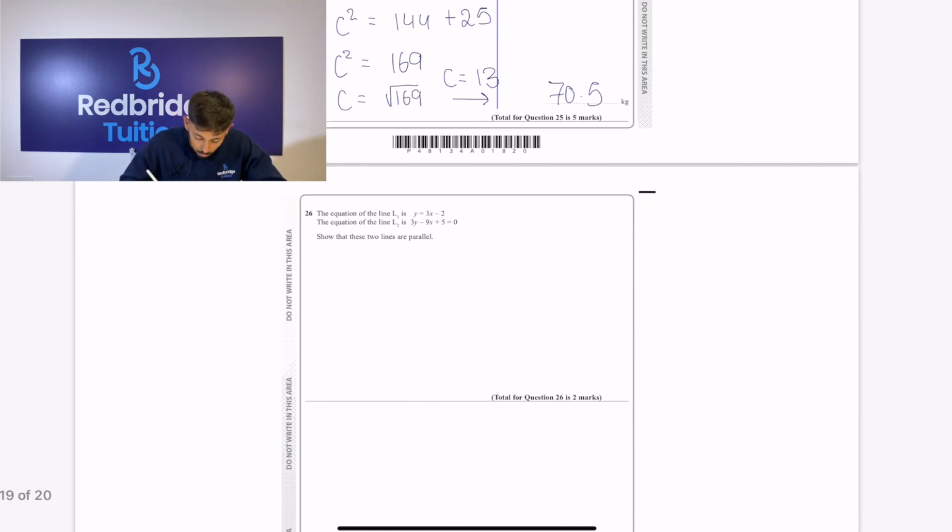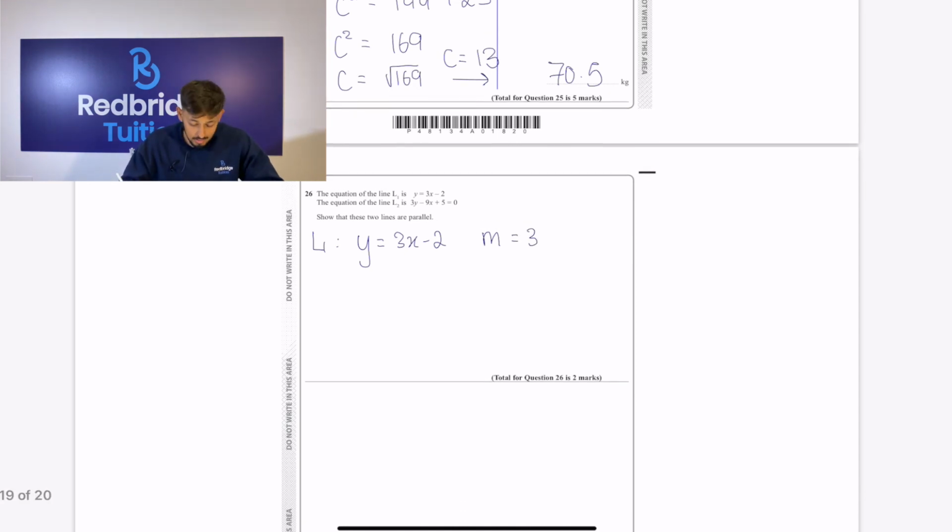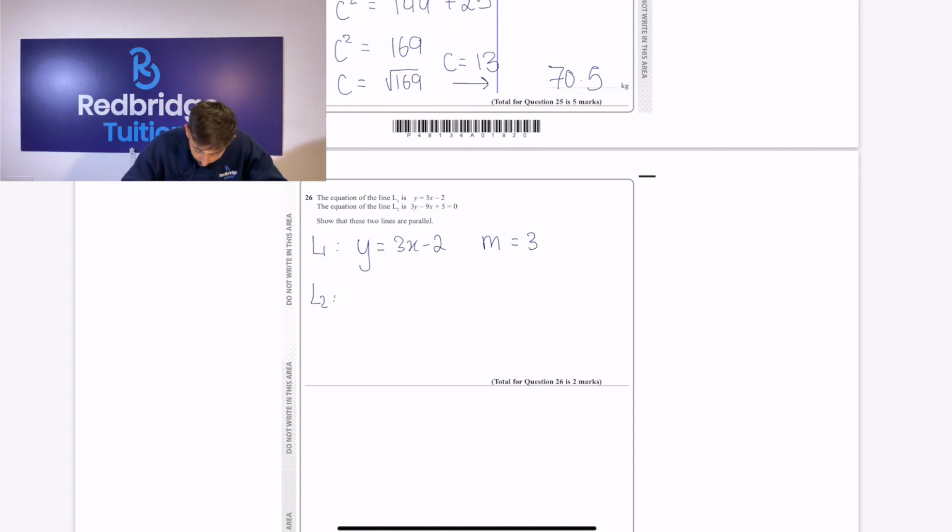Now, if we look at line 1, it's already in that format, because we have y is equal to 3x minus 2. So we can see that m, which is our gradient, is equal to 3. With line 2, it's slightly more complicated. We need to put the equation into the form y is equal to mx plus c. So we have 3y, take away 9x, plus 5 is equal to 0.